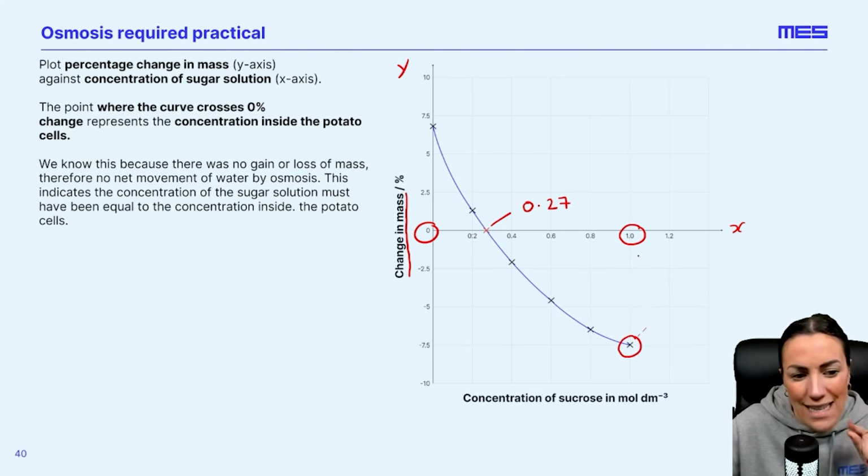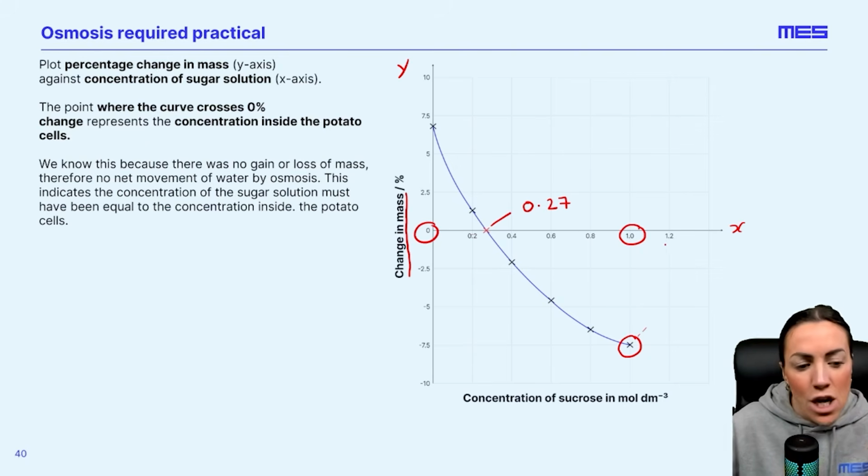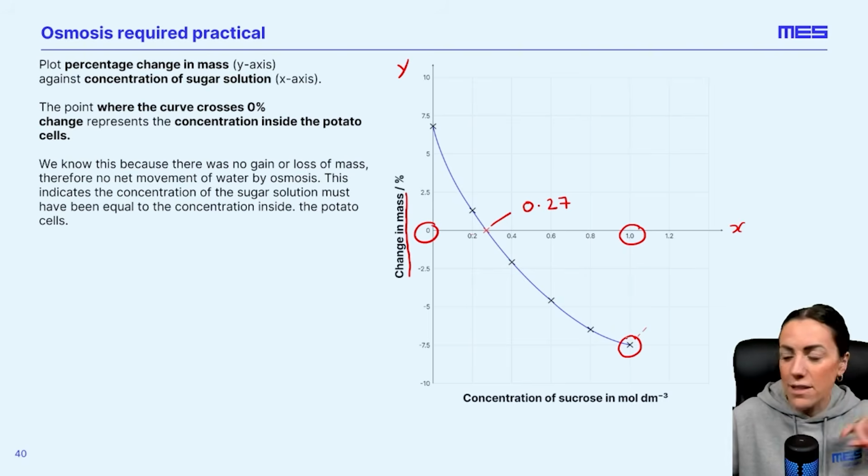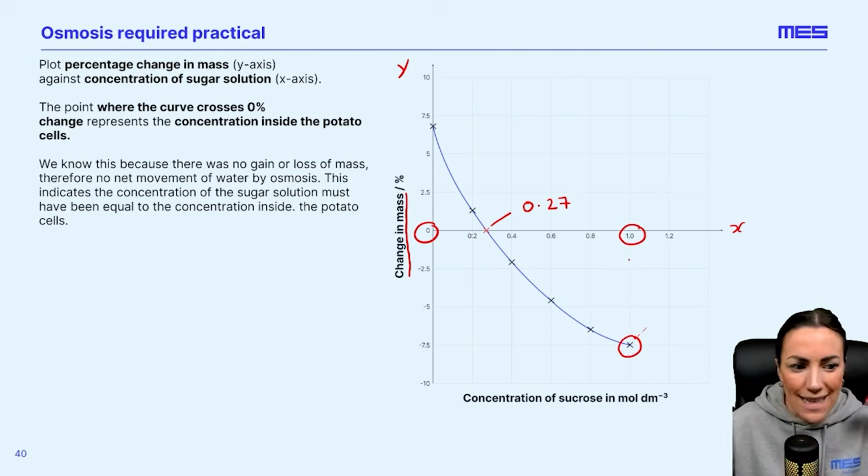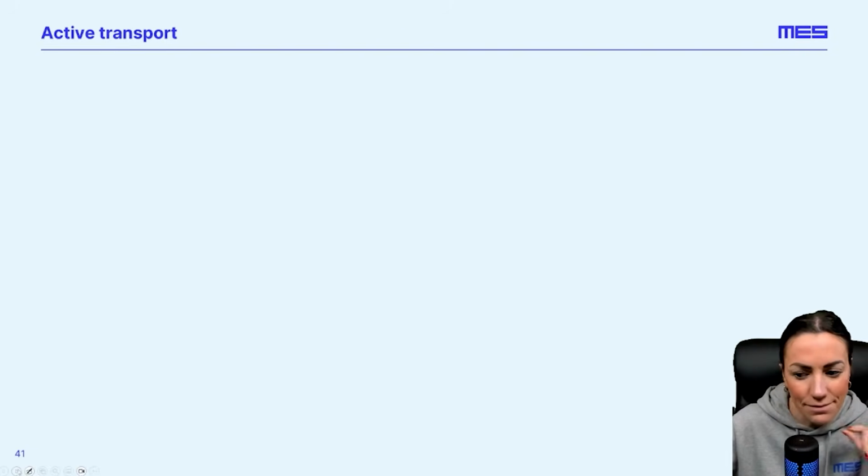That's because it has been losing water by osmosis, because you've placed those potato cells in a very concentrated solution. The solution inside the potato cells was more dilute, so the water moved out of the cells across the partially permeable membrane. Because water's moving out, it had a significant decrease in mass.